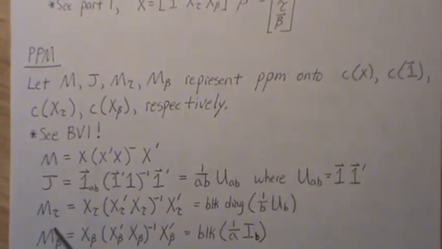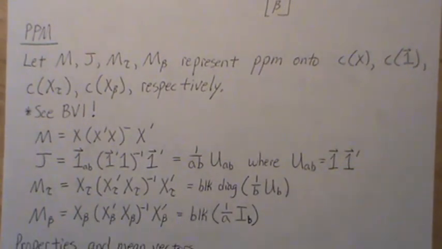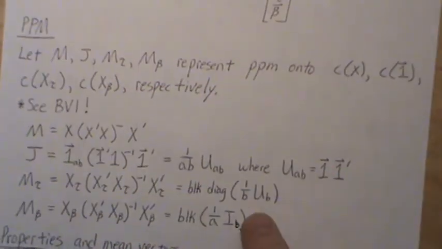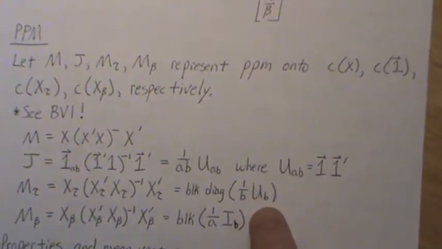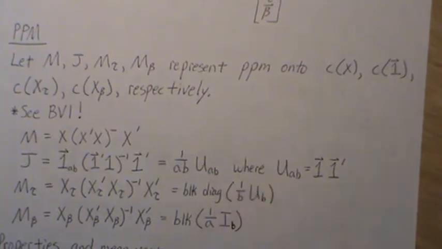The perpendicular projection matrix on the column space of X tau is X tau (X tau transpose X tau) inverse X tau transpose, and it's a block diagonal of 1 over B U. Block diagonal means all the off diagonals are 0, but down the diagonal is this matrix here. It's a matrix of size B by B, and it has 1 over B for all the elements.